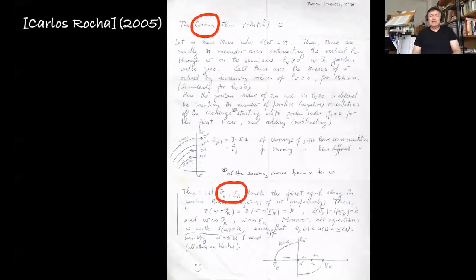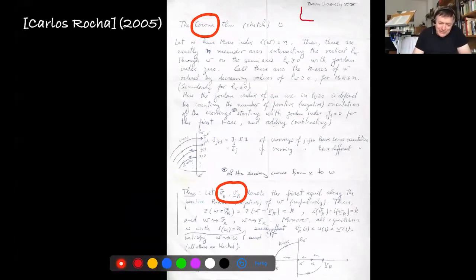So here, let me prove that my co-author Carlos Rocha is not only a co-author or a friend, but he is a prophet. Because this is a handwritten note, which we try to make sense of for the last 15 years or so.